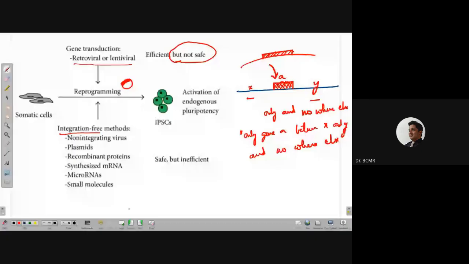That means you're giving it as an episome. I hope you remember what an episome is. We get rid of those episomes, set those cells that are free of the episome, and then use them for your purpose.